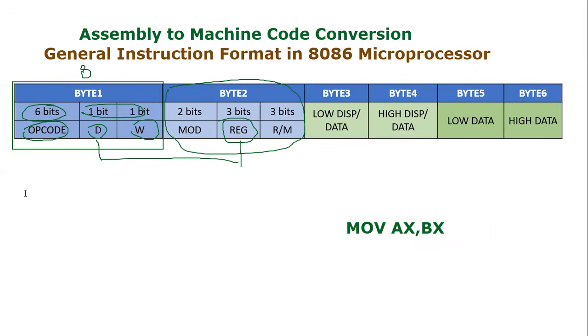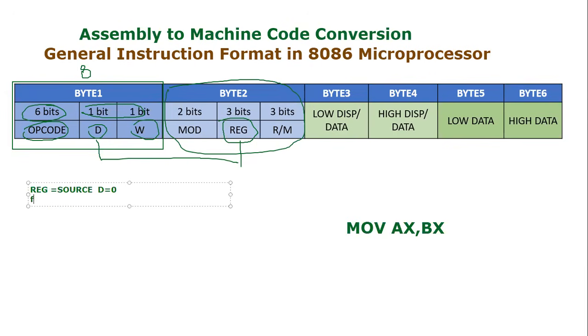So if the register field included in byte 2 is a source register, then D would be 0.